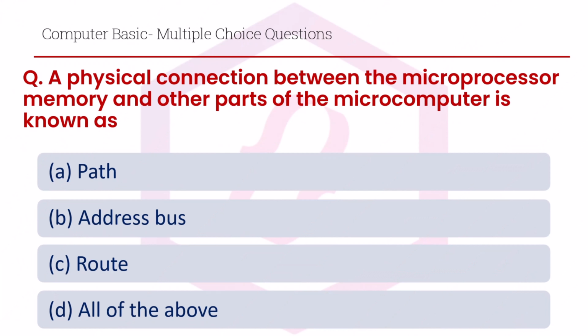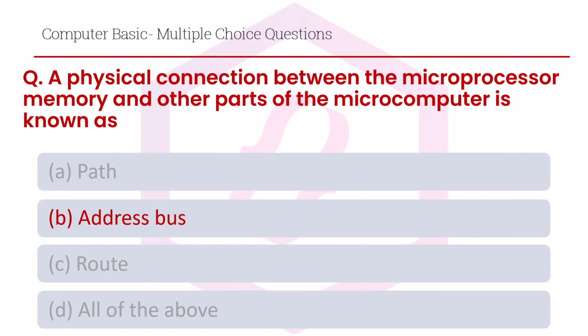A physical connection between the microprocessor, memory and other parts of the microcomputer is known as option A, path, B, address bus, C, route, D, all of the above. And the correct answer is option B, address bus.